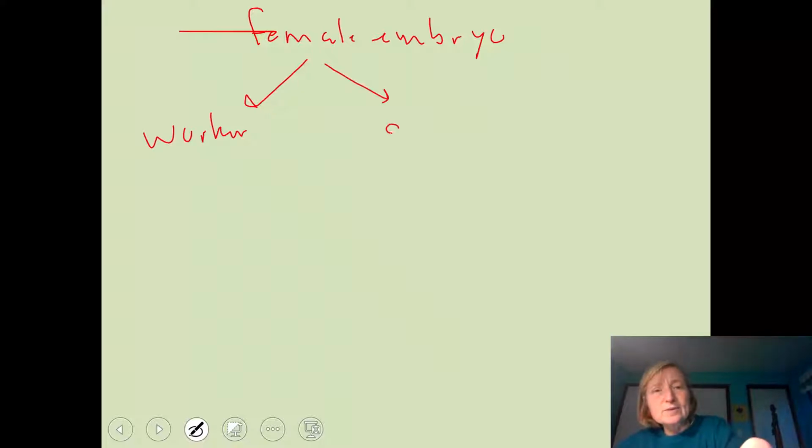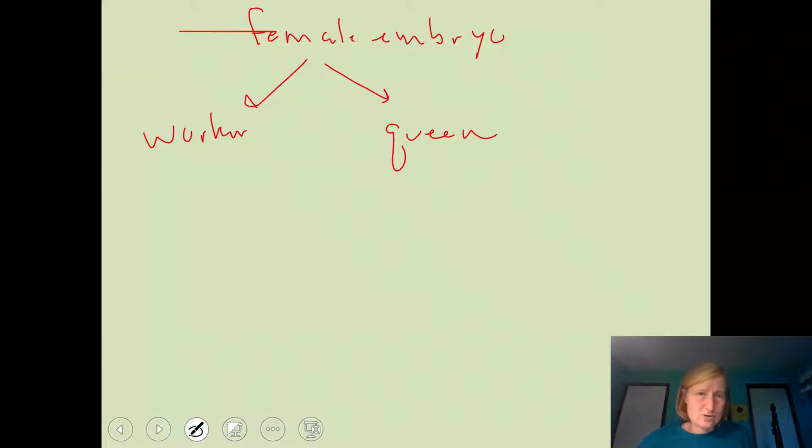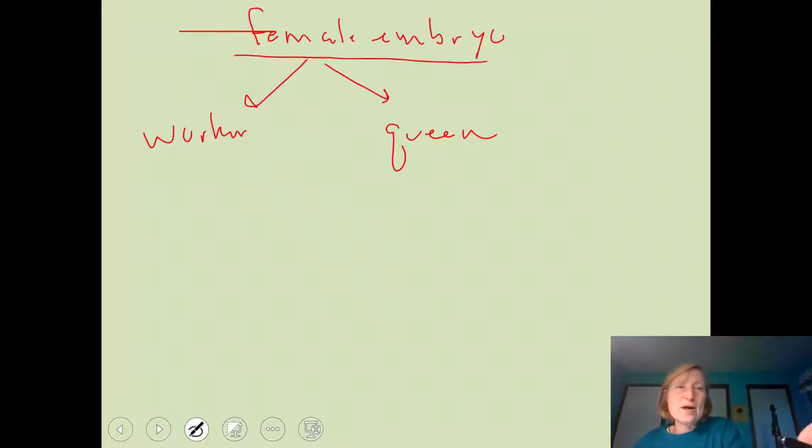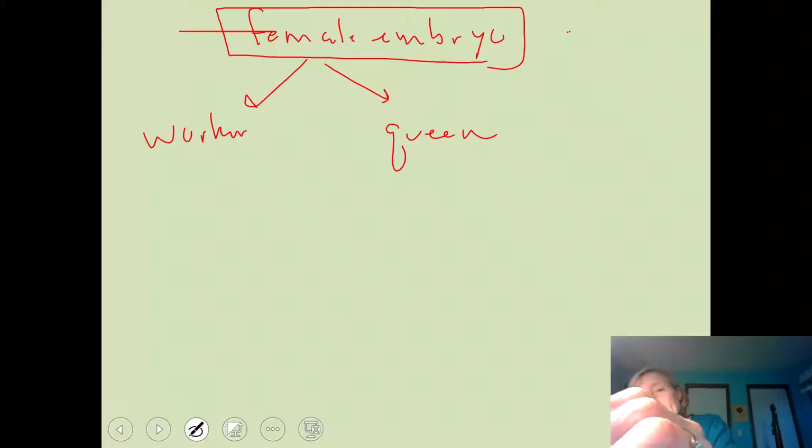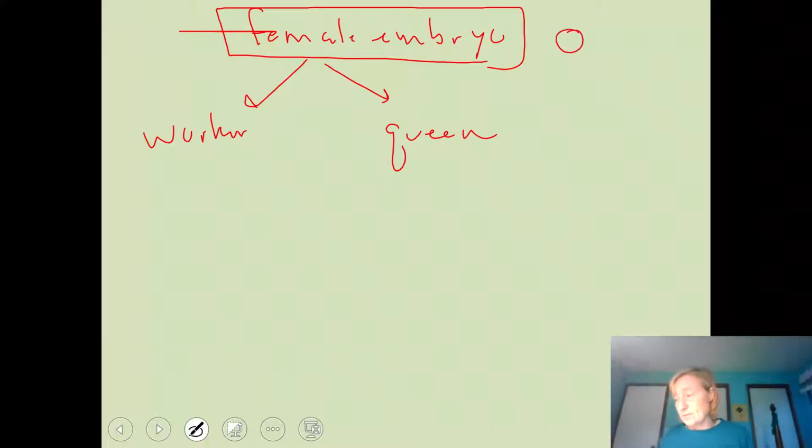And sometimes that female embryo develops into a queen. The female workers and the queens are not genetically that different from each other. A female embryo can develop into either a worker or a queen, not because of one's genetic code. It's what happens to this little egg as it develops, all right?